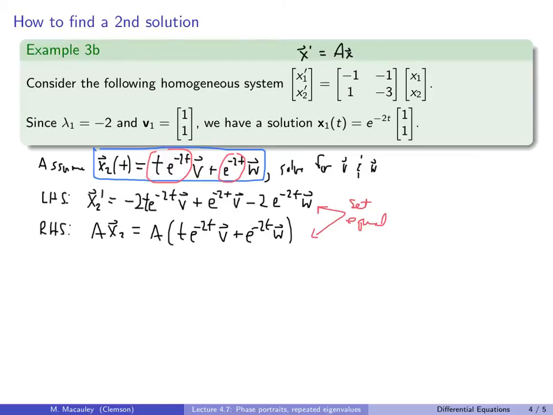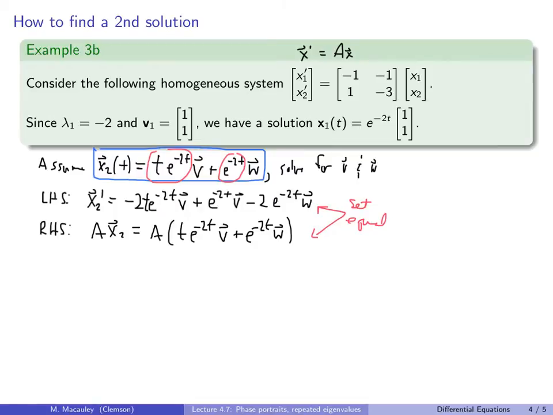Notice that if I multiply this out, every term either has t times e to the negative 2t in it, or it has just e to the negative 2t in it.